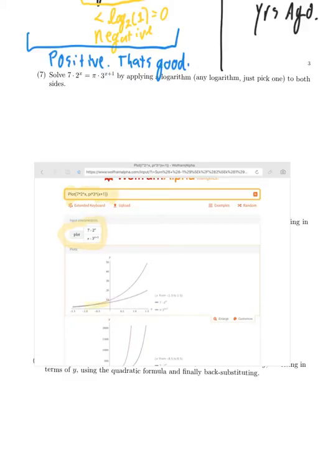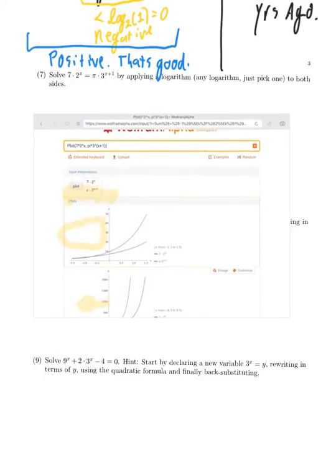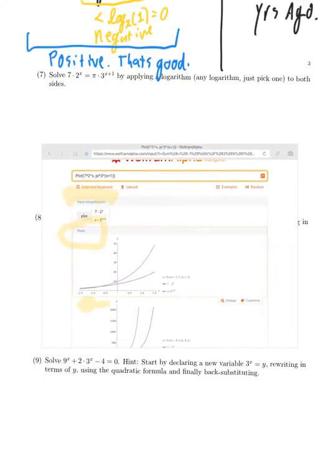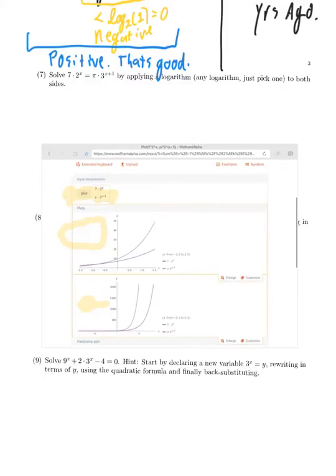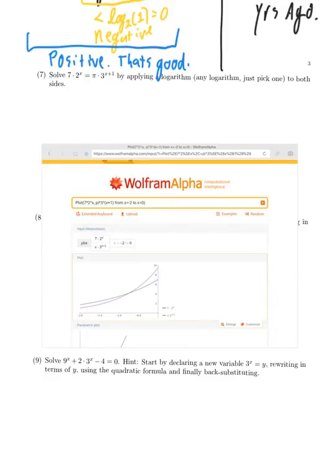There it is. It looks like there's a solution somewhere in this range. So let's go ahead and zoom in on where that solution seems to be. Let's restrict the domain. All right, and we're back. So now we see where the solution should be.